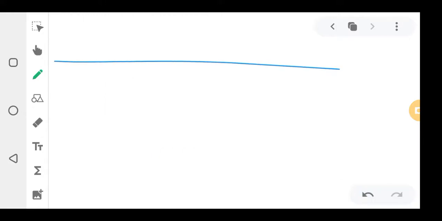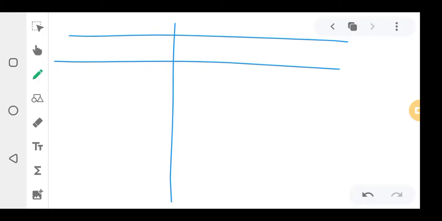If this is a table, this side is the plant cell, and this side is the animal cell.